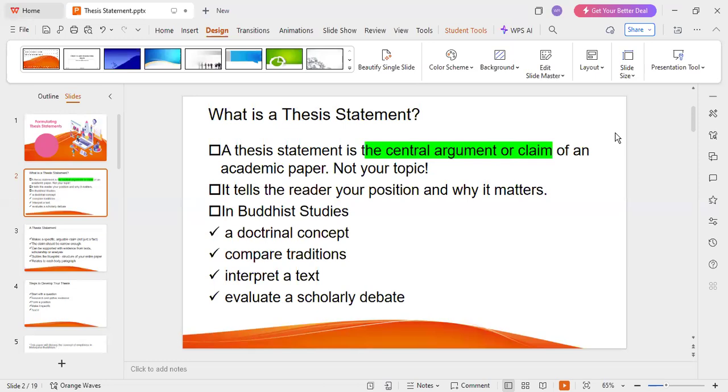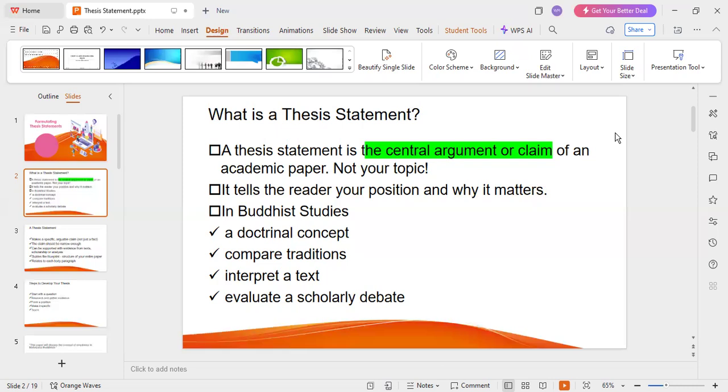We discussed doctrinal concepts during the last 2 weeks as well. That means how a concept works in a specific tradition. Let's take meditation, and how it works in a specific tradition. You can base your thesis statement on a doctrinal concept like that.